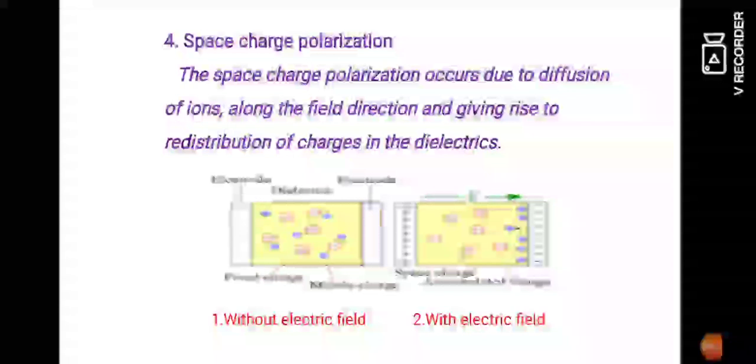At the same time, the negative charges are accumulated towards the positive electrode as shown in the figure. Anyway, there is a movement of the positive and negative charges in different directions so that the polarization takes place. So this type of polarization due to the accumulation of charges at particular electrodes is called space charge polarization.